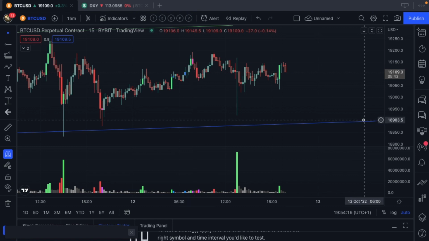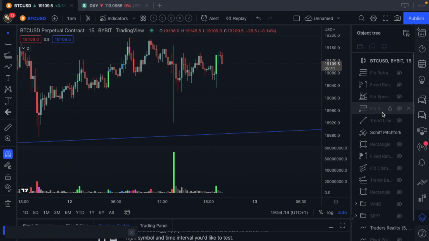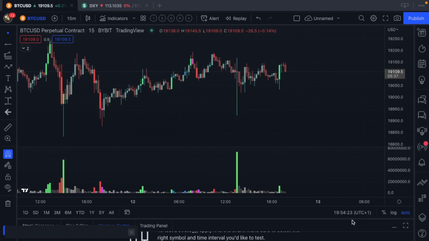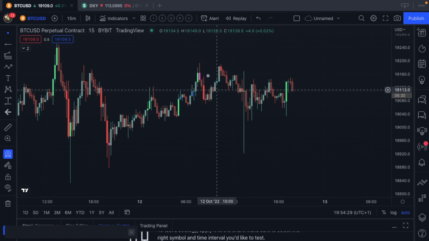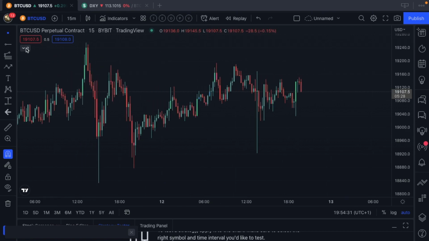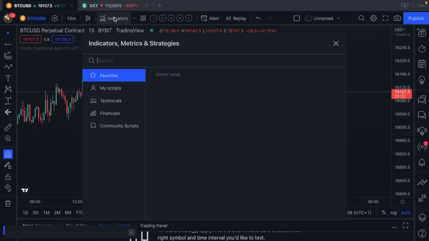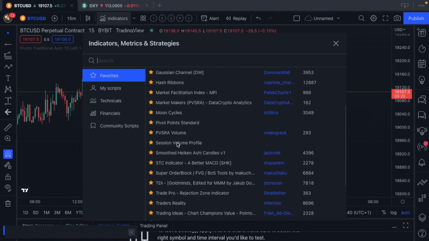So, having said that, let me just close off my pitchfork here because once we open up this indicator, it is very noisy. I'm also going to close this PV SRA. And what I'll do is turn this off and I will open it anew.